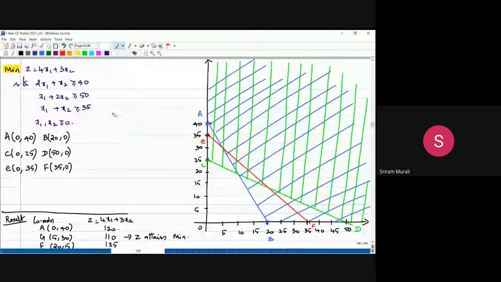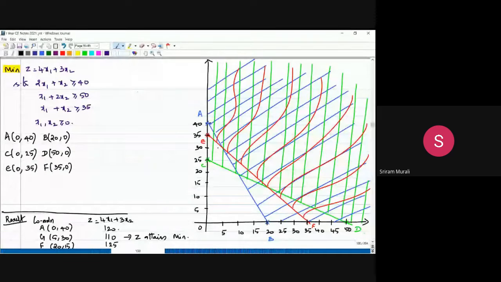It should be like this. Now can you tell me this common point where all the three lines meet? Before this I complete, what are the points of intersection? A, B, C, D, E, F. This is your G. This is your H. This is your I.